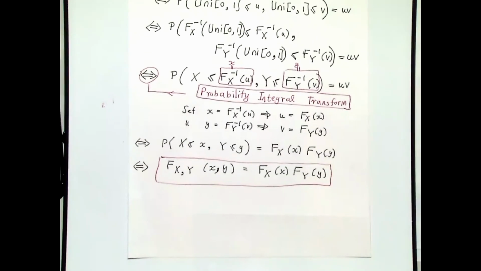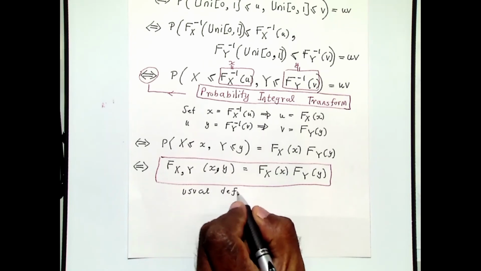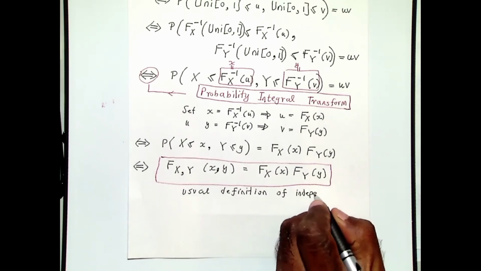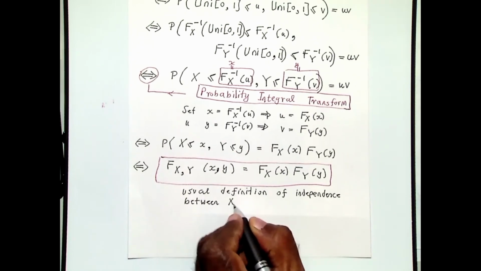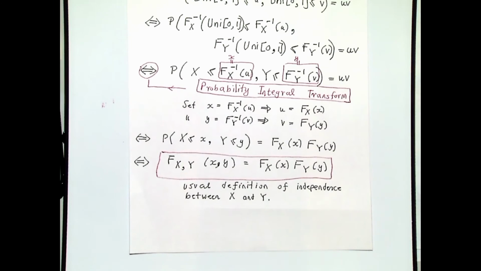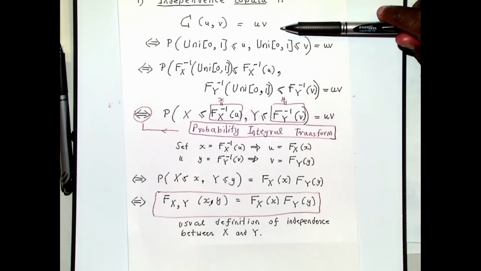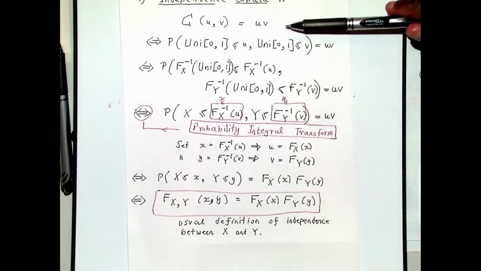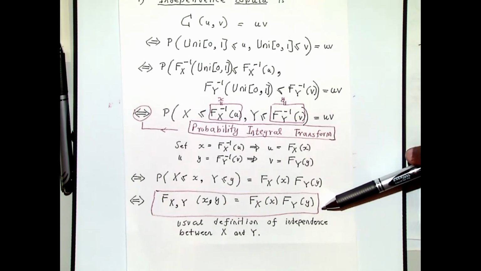You may recall from your previous years that this is the usual definition of independence between X and Y. So what we have shown is that this independence copula corresponds to the variables X and Y being independent.